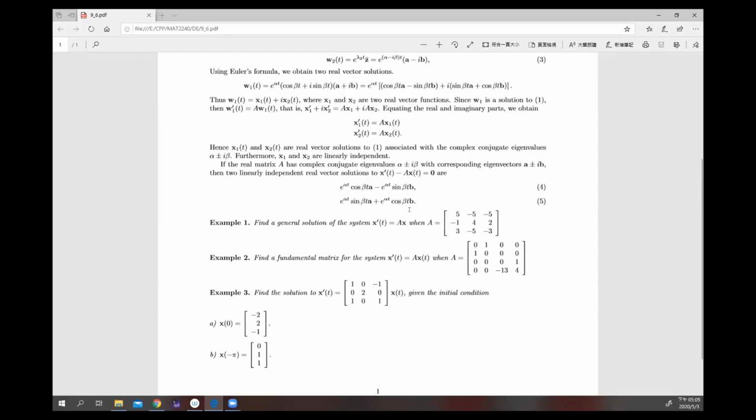All right, so this is the general form I was talking about, using your alpha and beta, and also the vectors a and b to find the general form.